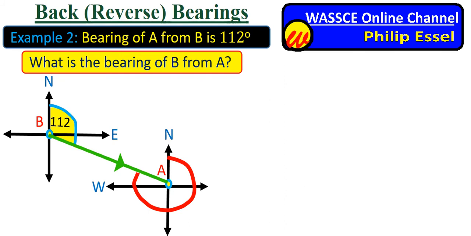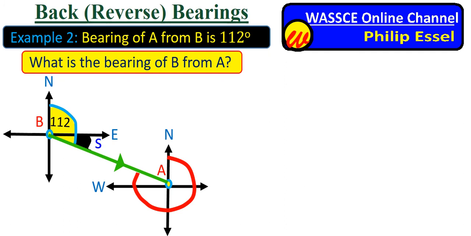Now let's find the value of the angle marked S. To find the value of the angle marked S, let's note that to move from the north pole of B to the green line, we would move an angle of 112 degrees.